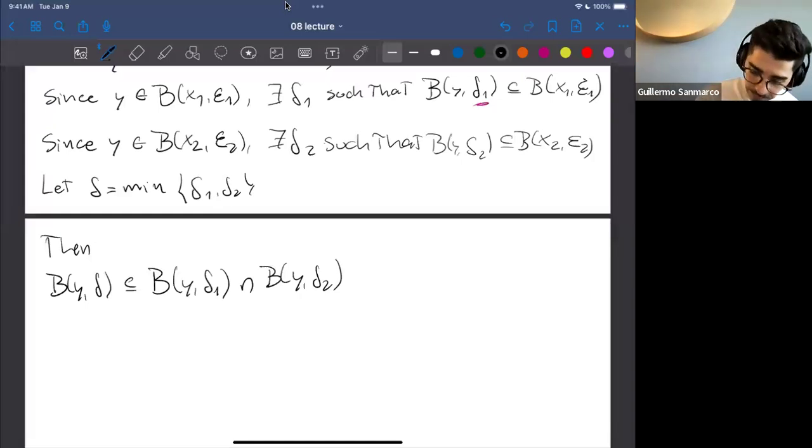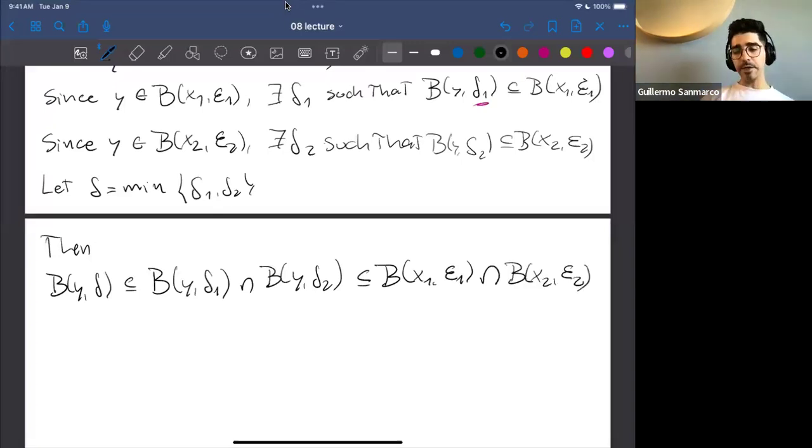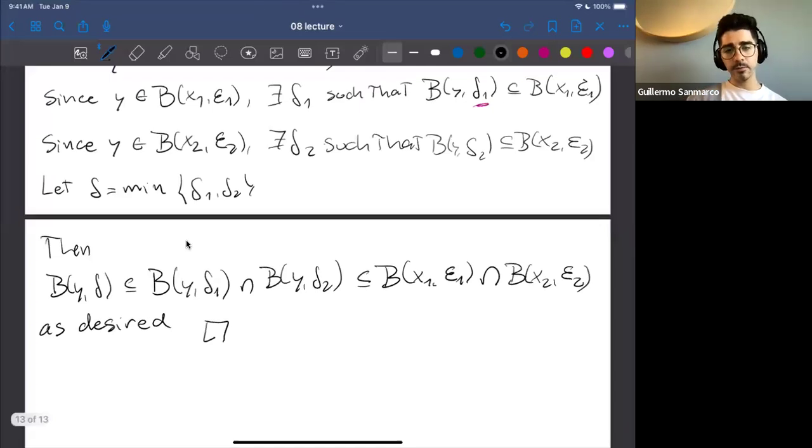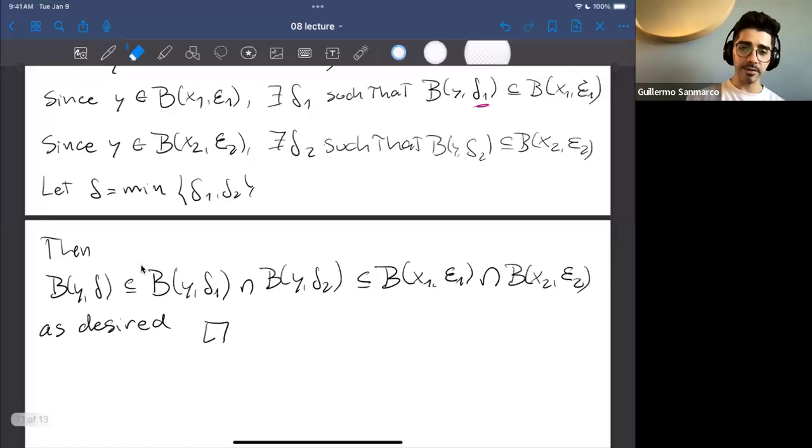The first one is a subset of B(x1, epsilon 1), the second one is a subset of B(x2, epsilon 2), and we're done. This is exactly what we wanted. And this proves our proposition. So in other words, we proved whenever you have a metric on a set, then this business of taking open balls gives you a basis for some topology.